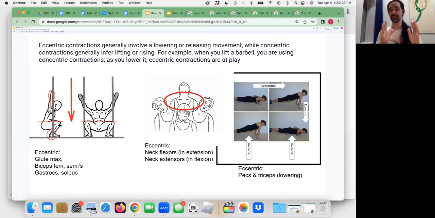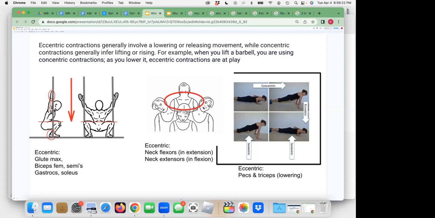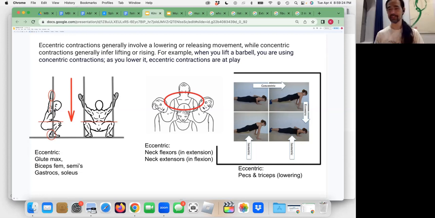That's called the eccentric phase of the squat. But if we break the squat down into agonist and antagonist around the hip, around the knee, and around the ankle, we get one eccentric and one concentric, and that's what we're trying to decide. So it should be eccentric. It should be concentric, brother.